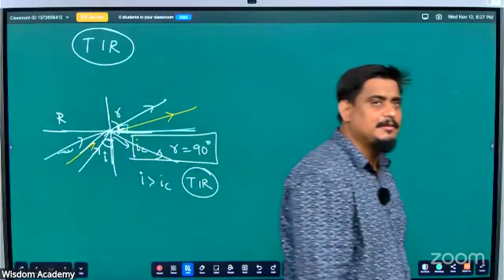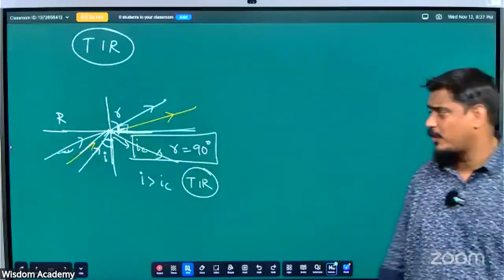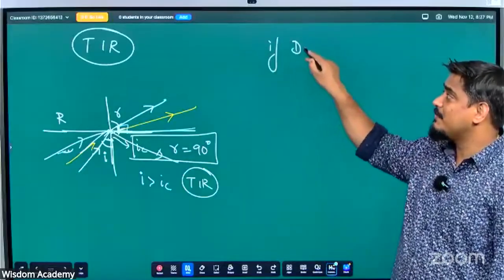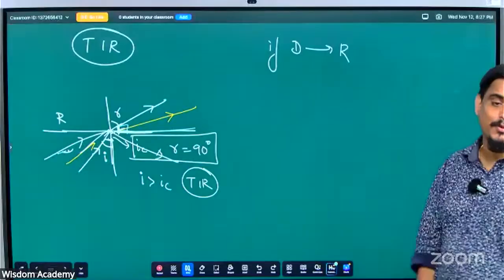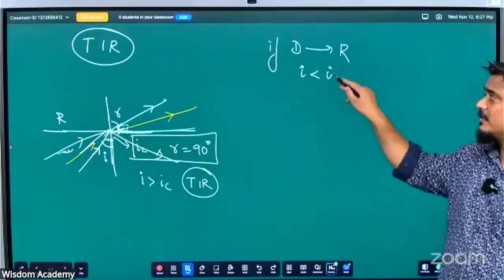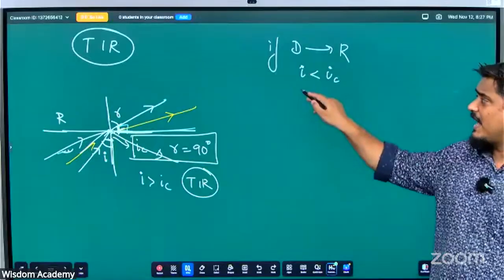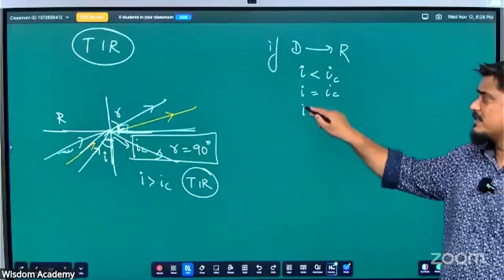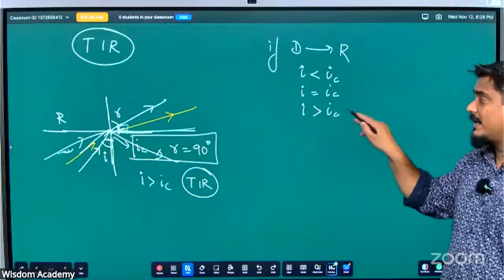Always remember that if light is going from a denser medium to a rarer medium, there are three possibilities. First, angle of incidence less than critical angle. Second, angle of incidence equal to critical angle. Third, angle of incidence more than critical angle.